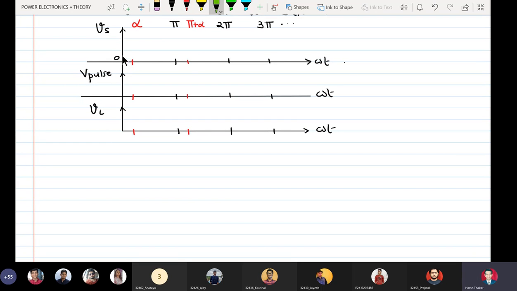So my mains goes like this. Okay, so my firing pulse for positive half cycle will be generated here.